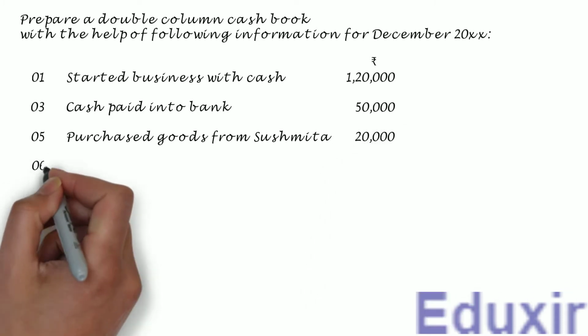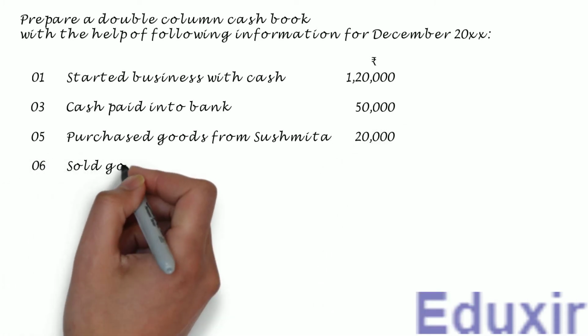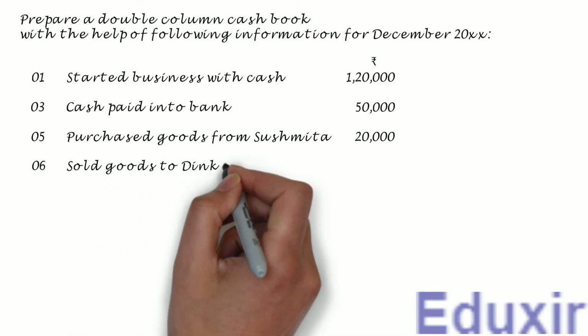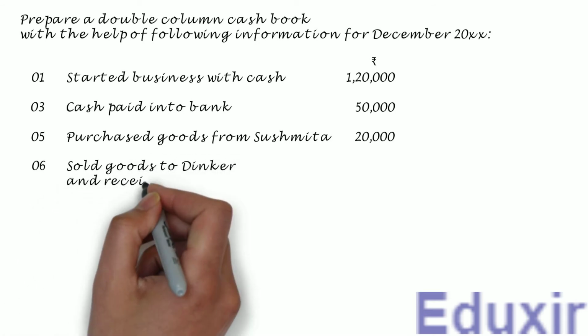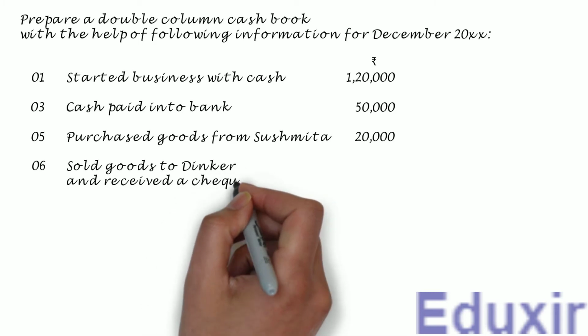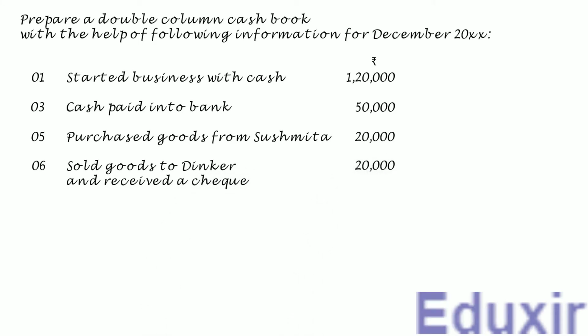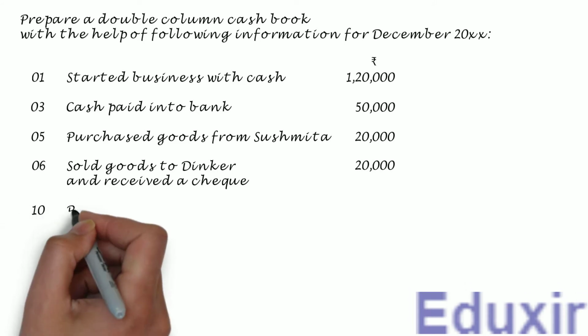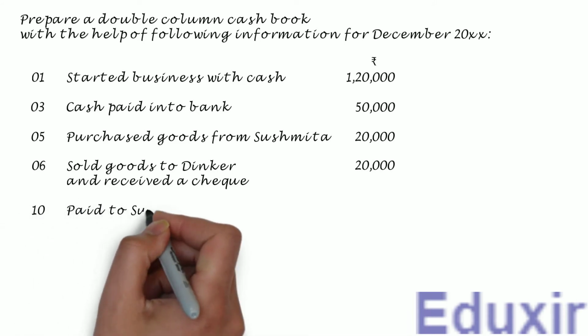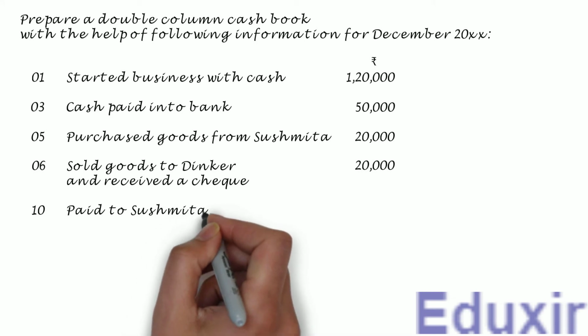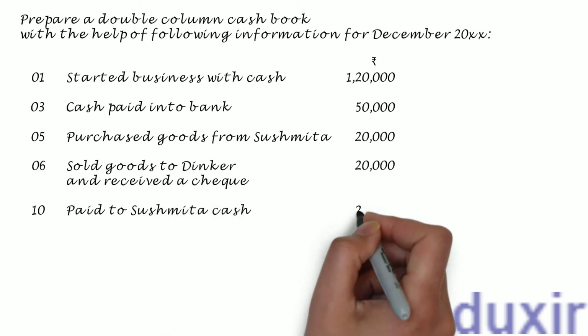On 6th December, sold goods to Dinker and received a cheque 20,000 rupees. On 10th December, paid to Sushmita cash 20,000 rupees.